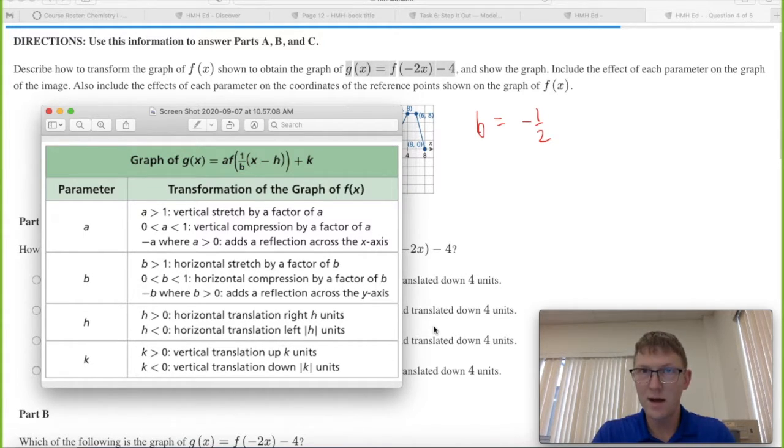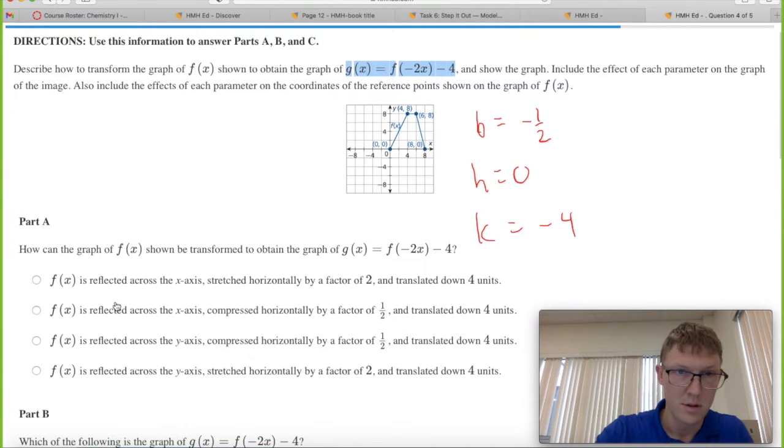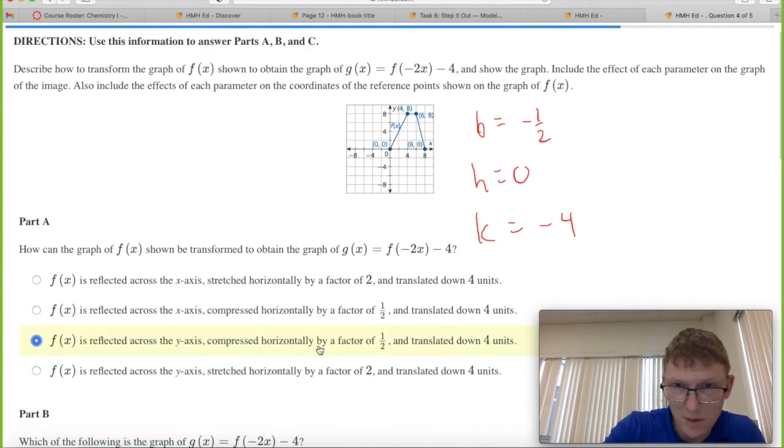And then we've got our h is 0, and then our k is -4. So it moves down 4, reflected across the y-axis and compressed by a factor of 1/2. So reflected across the y-axis, compressed horizontally by a factor of 1/2, and translated down 4 units. Okay, I agree to that one.